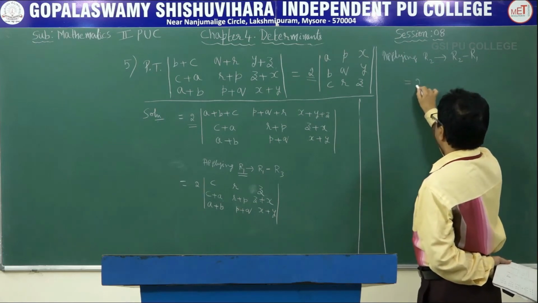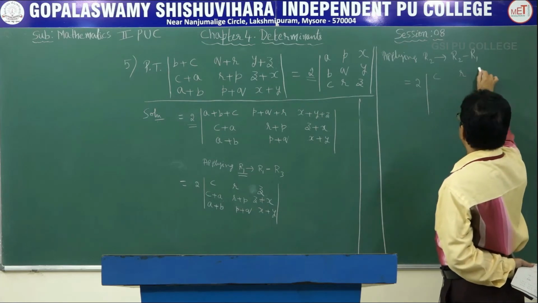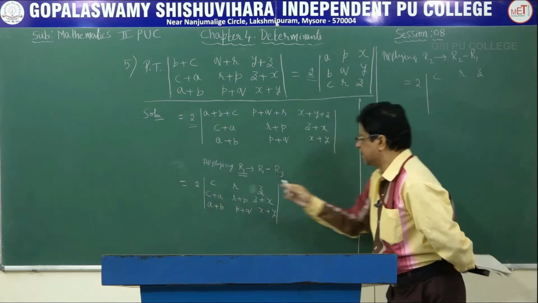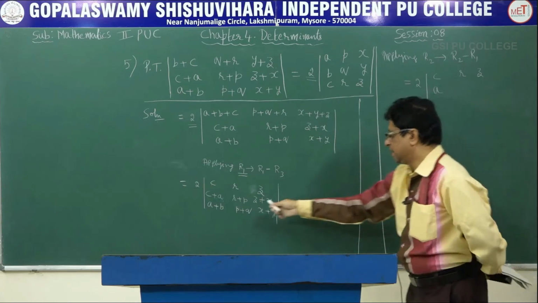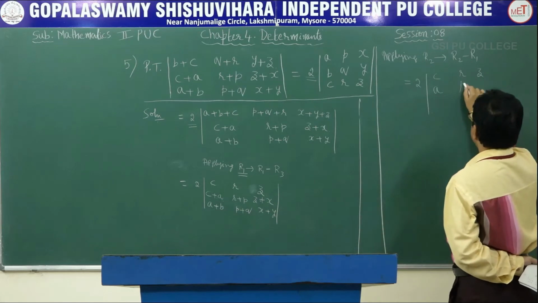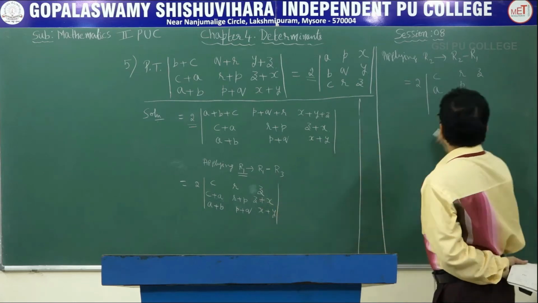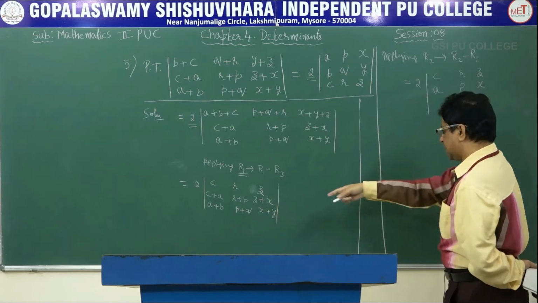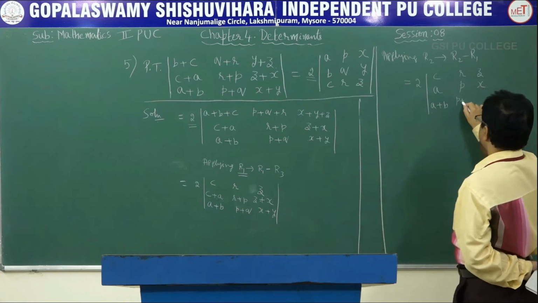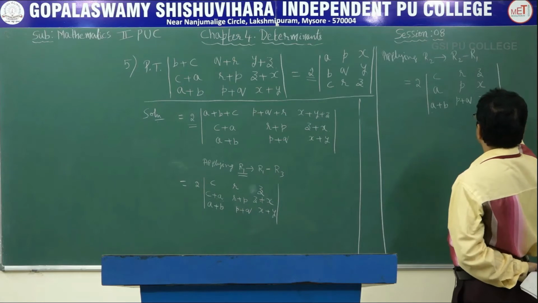So we have 2 into the determinant of first row remains as it is. Second row, c plus a minus c means the remaining element will be a. r plus p minus r means the remaining element will be p. z plus x minus z means the remaining element will be x, and the third row remains as it is: a plus b, p plus q, x plus y.